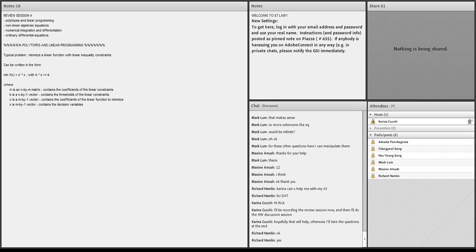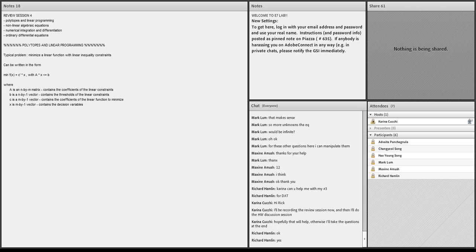So A is an n by m matrix containing the coefficients of the linear constraints. B is an n by 1 vector that contains the upper thresholds for the linear constraints. C is an m by 1 vector, and C contains the coefficients of the linear function to minimize.